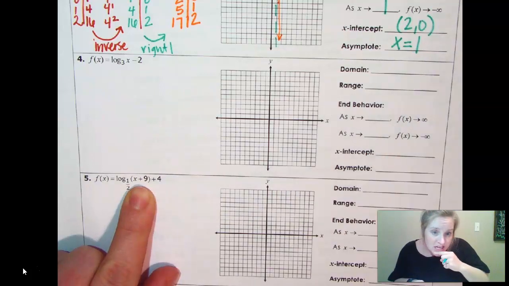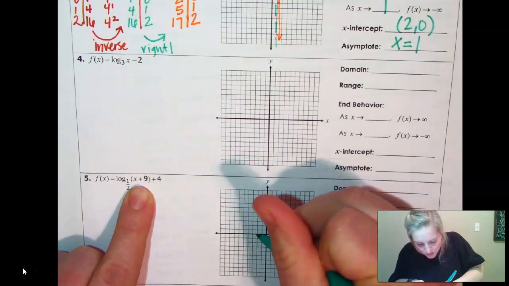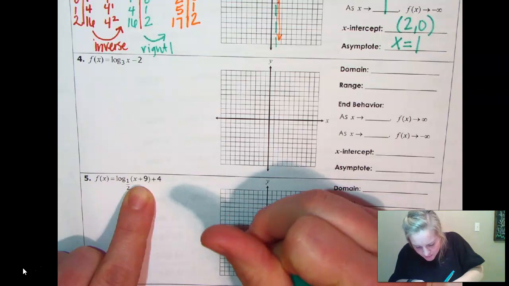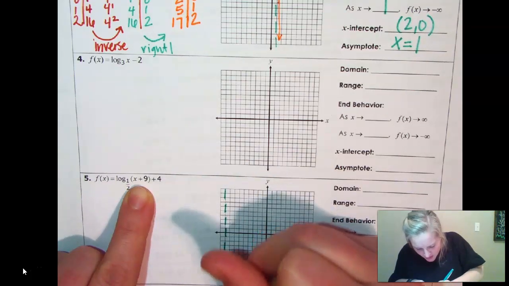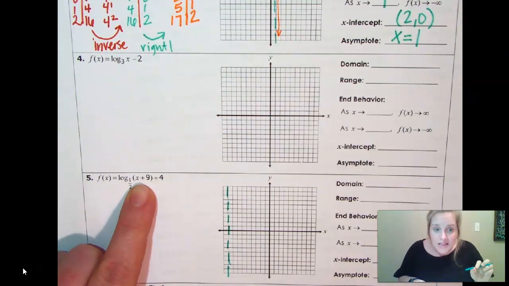So I can go ahead and go to the left 9. 1, 2, 3, 4, 5, 6, 7, 8, 9. There is my asymptote. I am able to do that just by knowing that that is my horizontal shift.